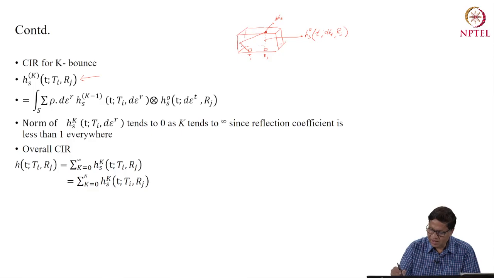Whereas here, this is the k minus 1 term, because I'm trying to find the channel impulse response for k bounces.